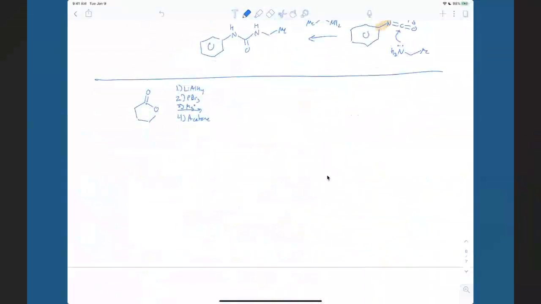Okay, we got this long string of reagents. First, we have lithium aluminum hydride. Sorry for skipping, since we wanted to try to continue that thought. So the first reaction is going to have lithium aluminum hydride attack the lactone.